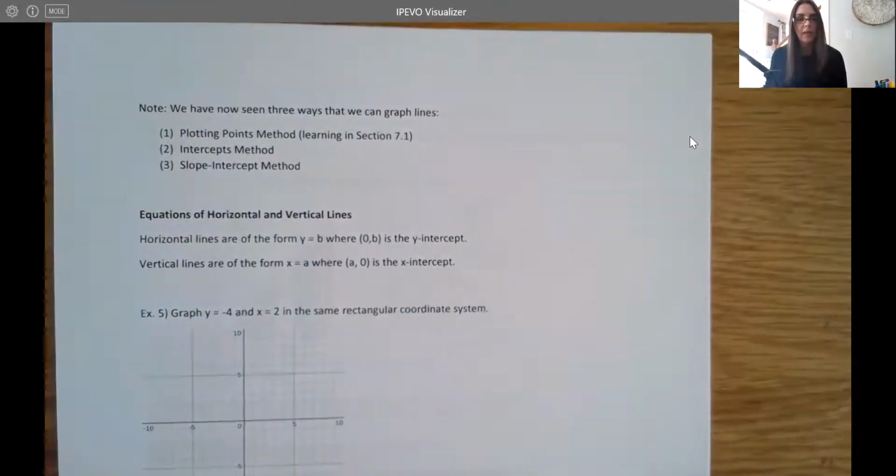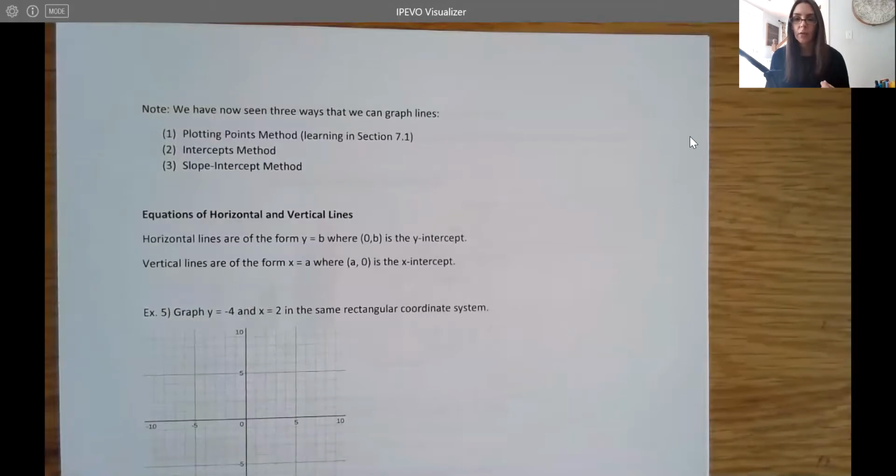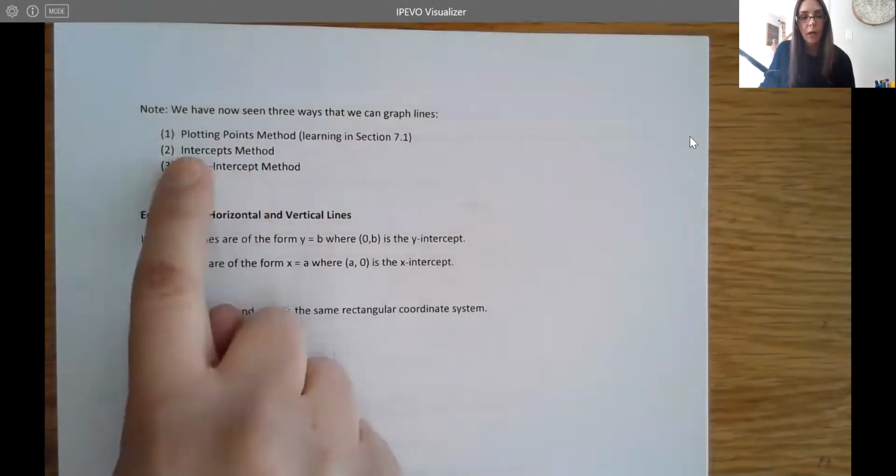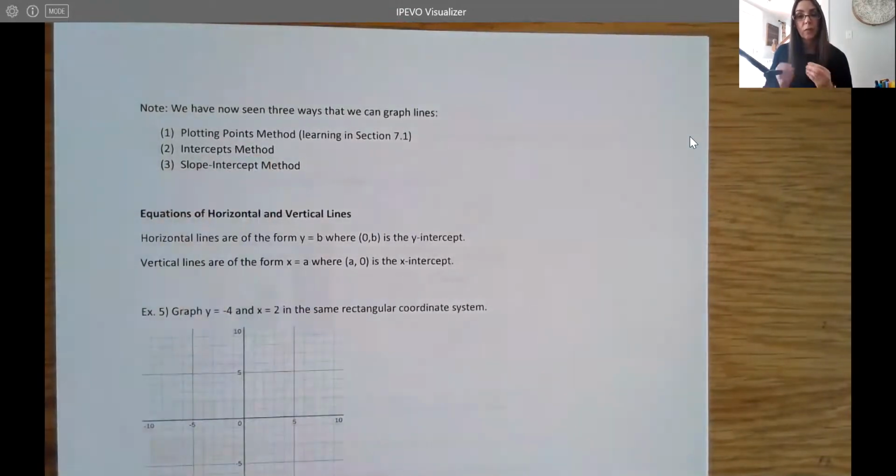So I just want to point out that we've actually seen 3 different ways that we can graph. We've seen the plotting points method, which we learned back in 7.1. That plotting points method works for anything. It works for lines, it works for curves. You can find as many points as you need just by picking values to plug in. We also talked about today the intercepts method, where you pick specifically those zeros to plug in and get the points on the axes.